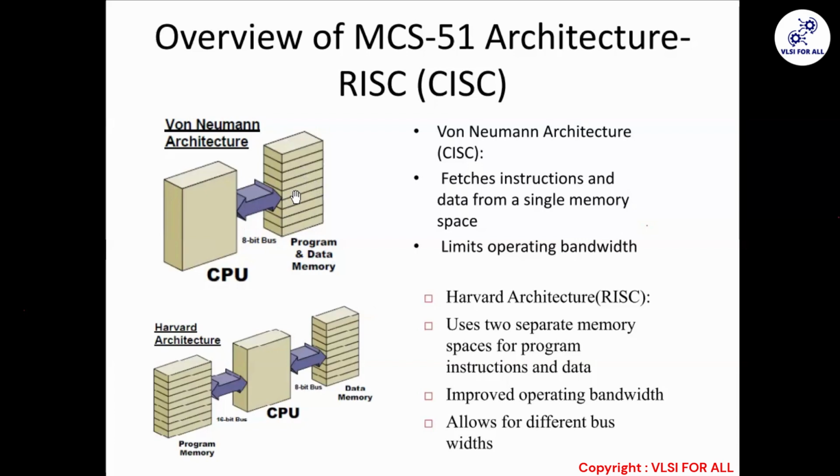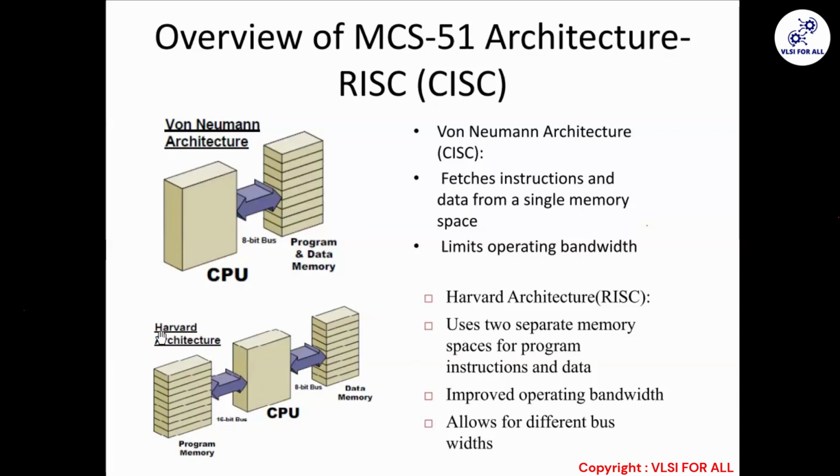So limited bandwidth we can say is happening here, and that type of architecture is called von Neumann architecture. And the second type of architecture is where the CPU, for its processing, is taking the program from the program memory, which is a separate stack, and taking the data again from a separate memory, which is again a separate stack.